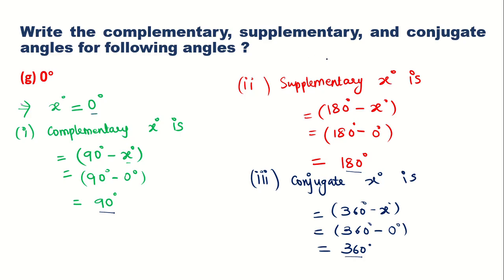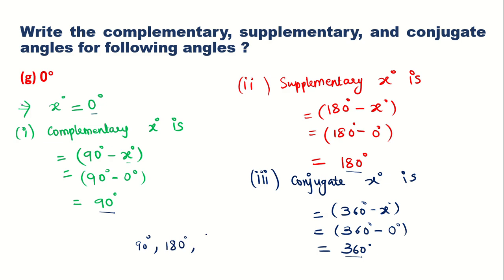angles. So if we summarize this, what is complementary angle? Recall once again, their sum must be 90 degrees. Next, what is supplementary angle? For the pair of angles, when we add them together, their sum must be 180 degrees.